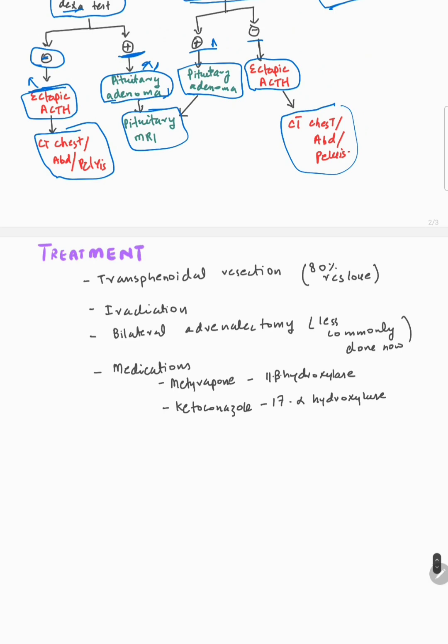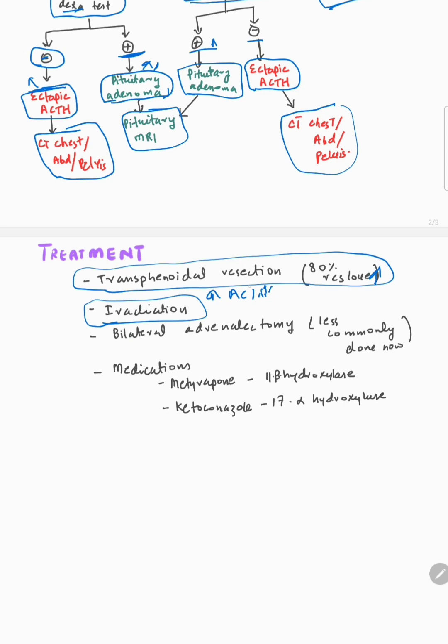So now let's talk treatment real quick. For treatment, the first line, if it's pituitary adenoma or Cushing's disease, you do transsphenoidal resection, and it will resolve 80% of the cases. Then, let's say the patient had transsphenoidal resection and there is still increased ACTH, then you can do irradiation.